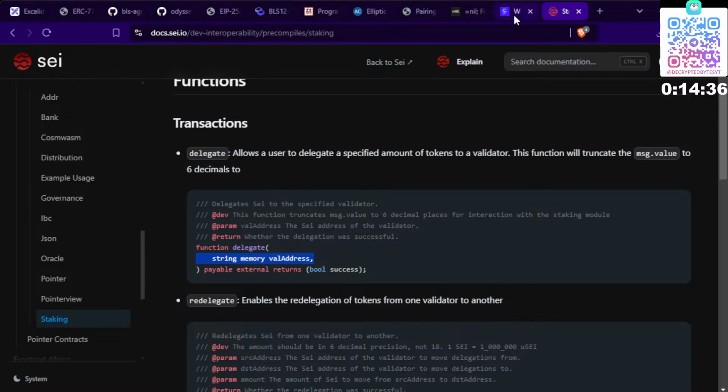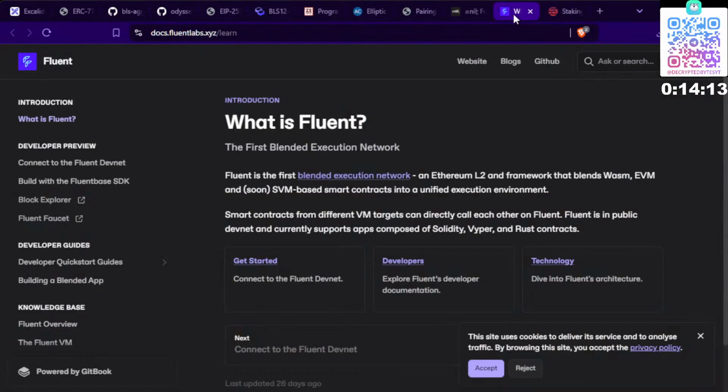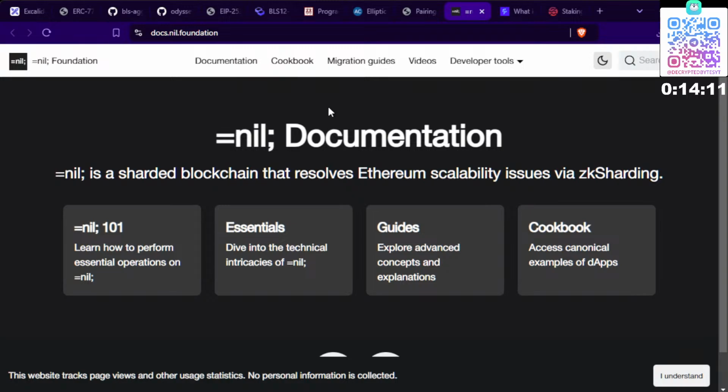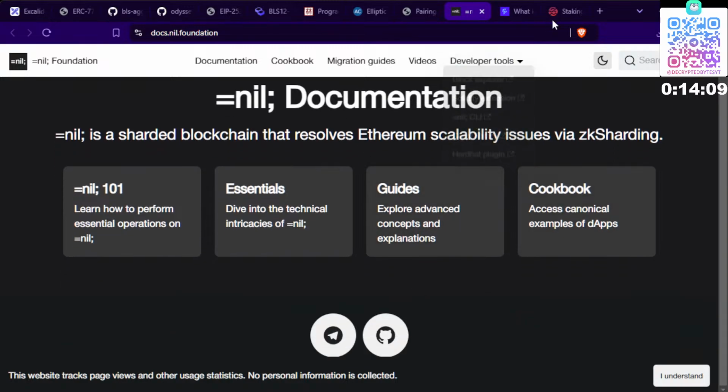So we have three options: 1, 2, and 3. I don't know what you guys want to do. If someone else is watching, you can tell me, say Fluent or Nil, what's more interesting.